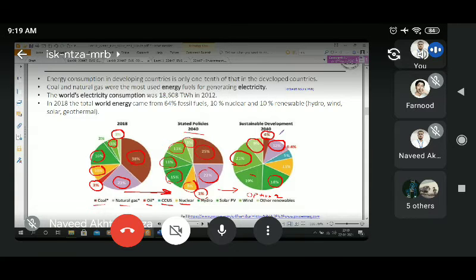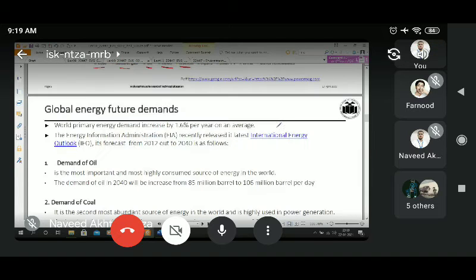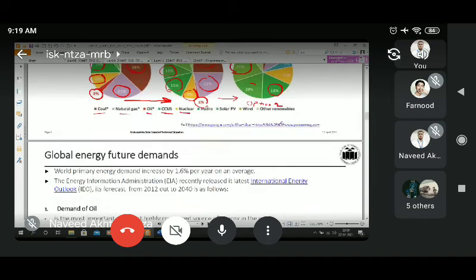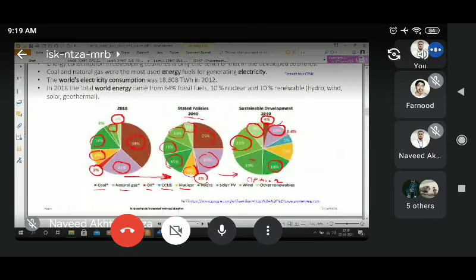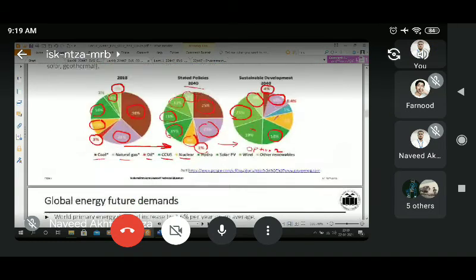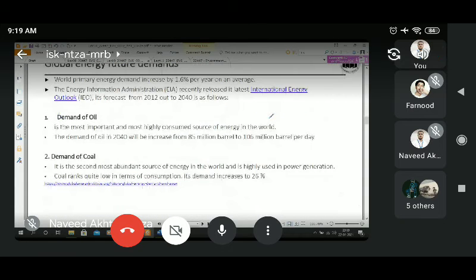So this is the current trend of world energy use and the prediction for further sustainable development. From this pie chart, you can easily understand.